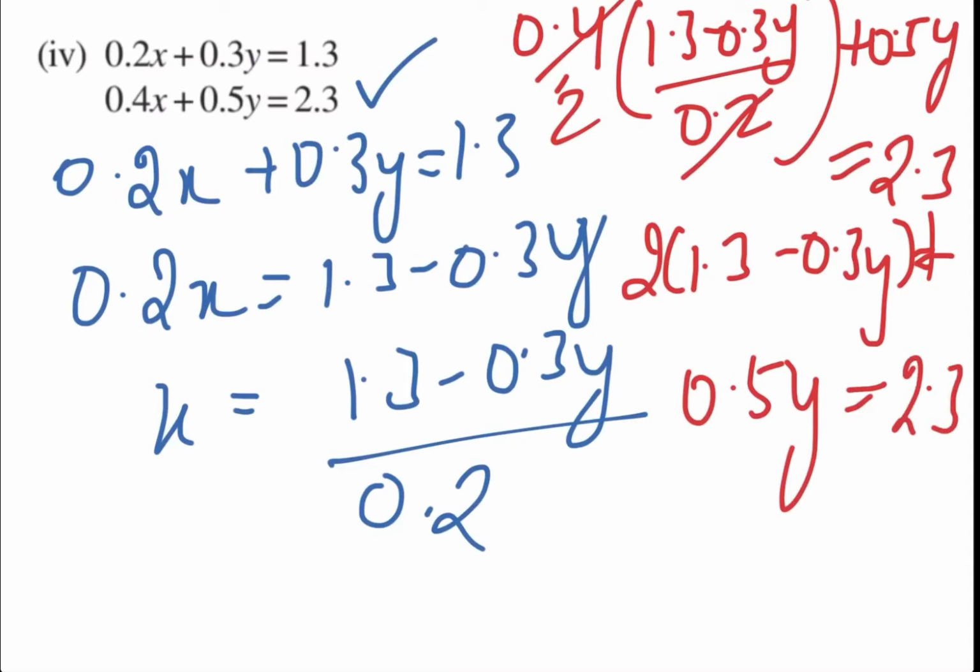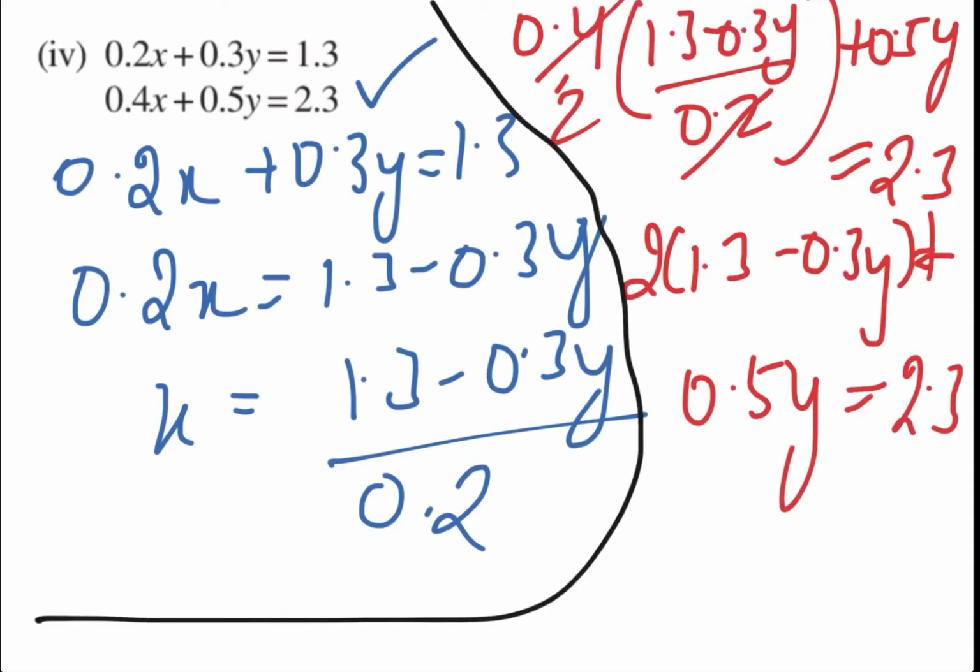So this turns out to be 2.6 minus 0.3y into 2 is 0.6y, plus 0.5y. 0.6 minus 0.5 is 0.1y.